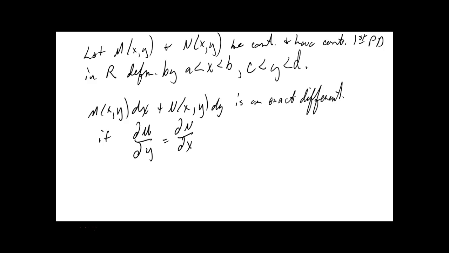We're going to assume that we have an equation in differential form: M of x, y dx plus N of x, y dy equals 0.